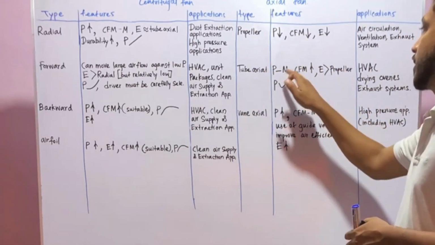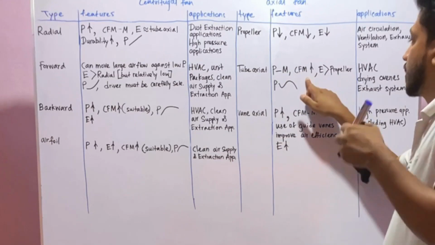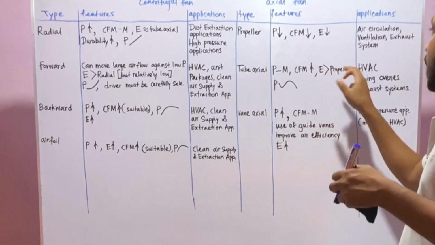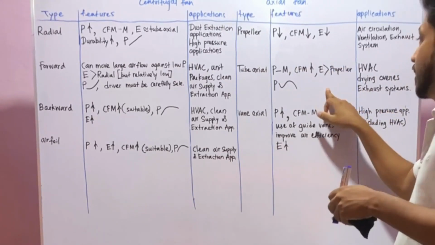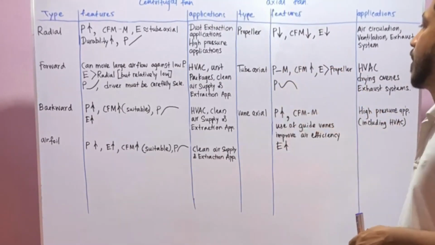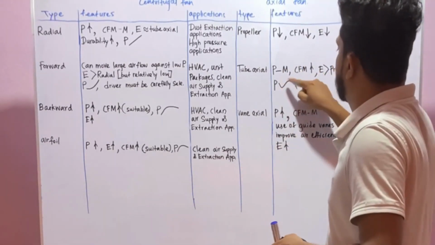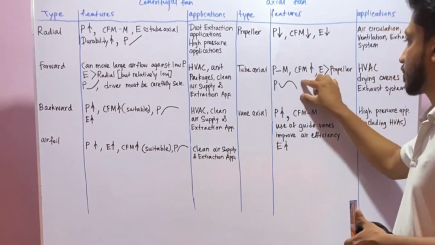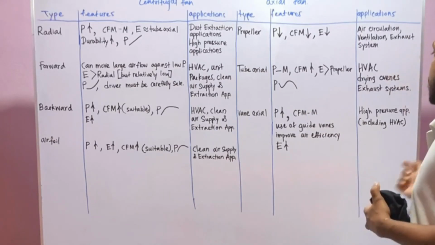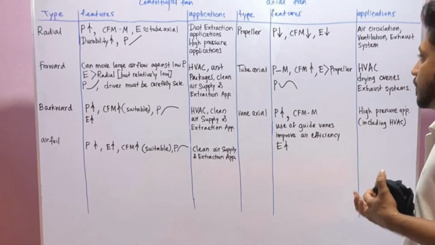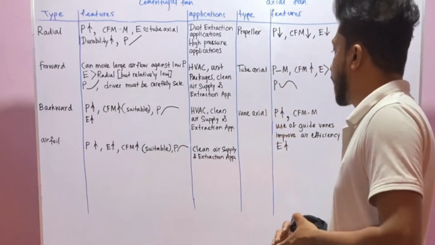Tube axial, pressure is somewhat medium, airflow is higher, energy is higher than the propeller. Efficiency is higher than the propeller, and the power curve has a dip like this and gradually decreases. So for HVAC systems, drying ovens, and exhaust systems, we can use tube axial and vane axial fans.